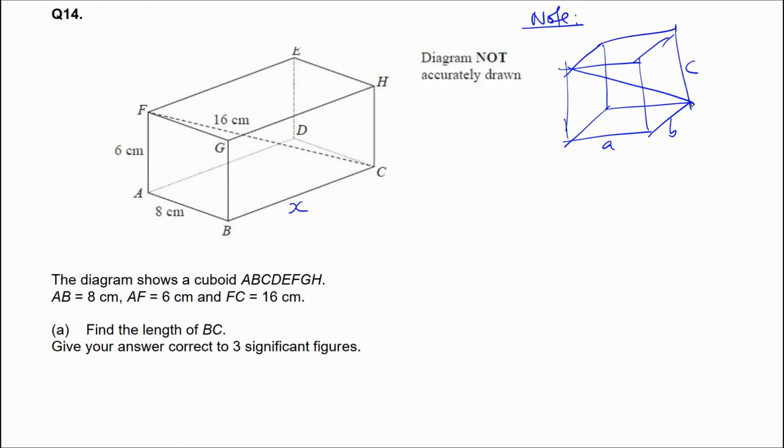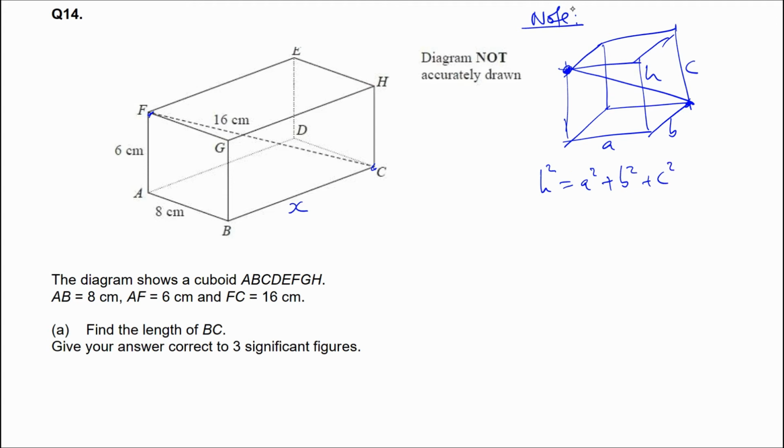Okay, so that diagonal that passes through this shape, from this corner to that corner, like this one, from here to here, let's call this h. So the relationship between these four parameters is that h squared is equal to a squared plus b squared plus c squared.